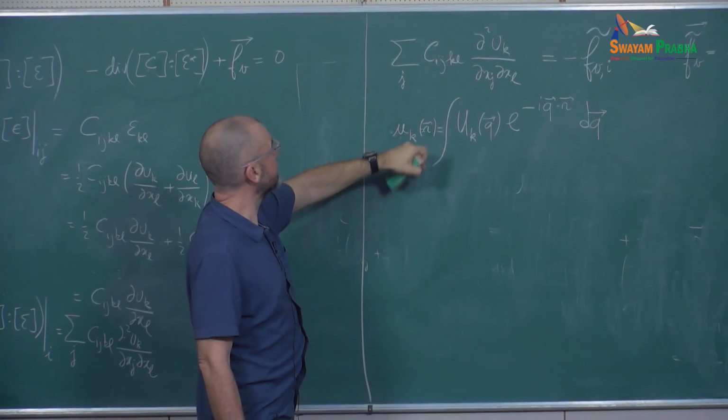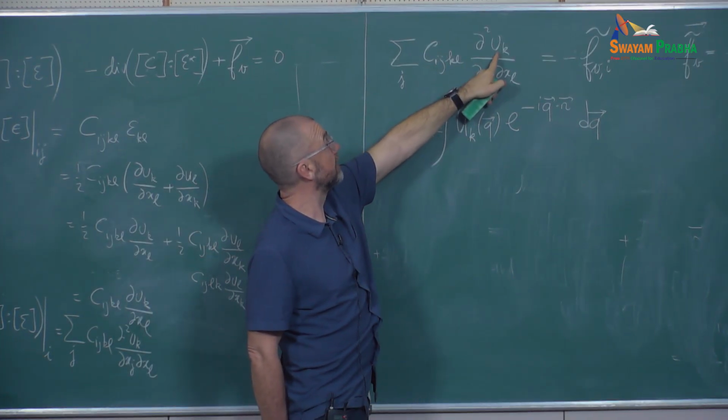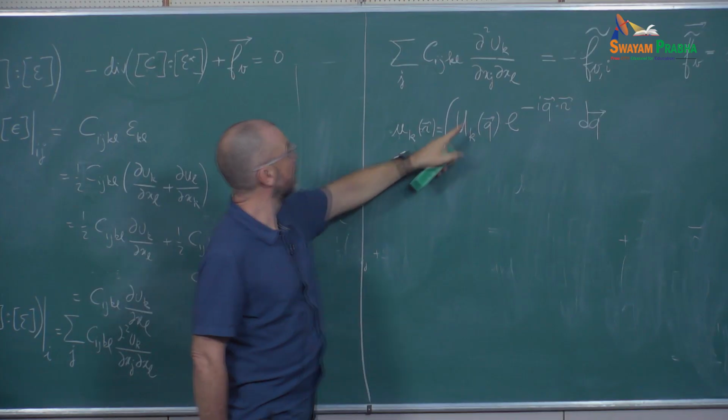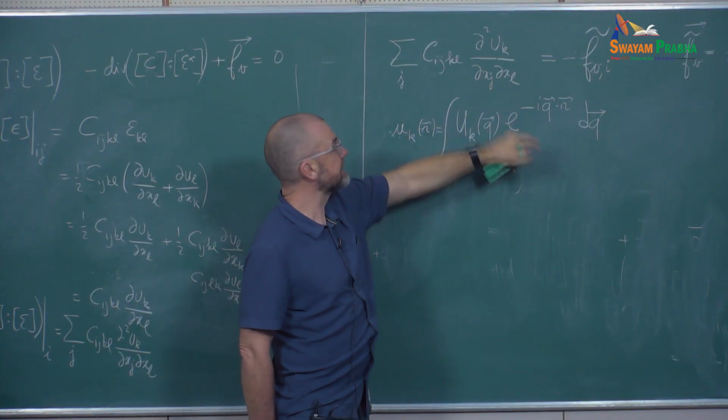Now, the good thing about that is that I want to take the second derivative of u with respect to xj and xk. What happens if I do that?